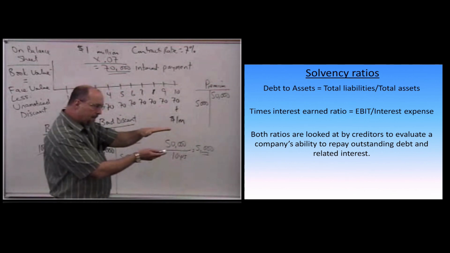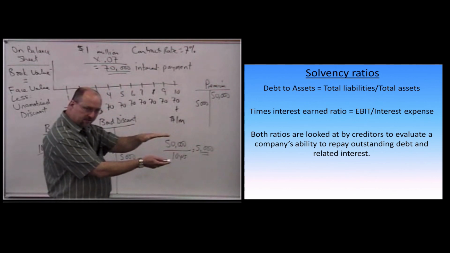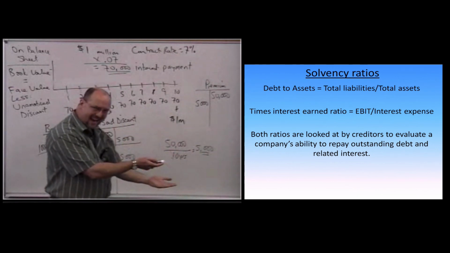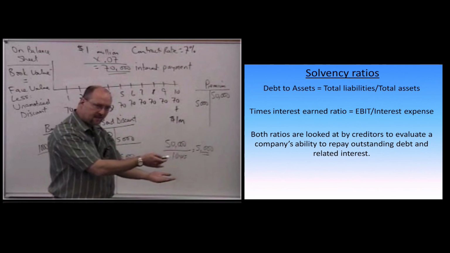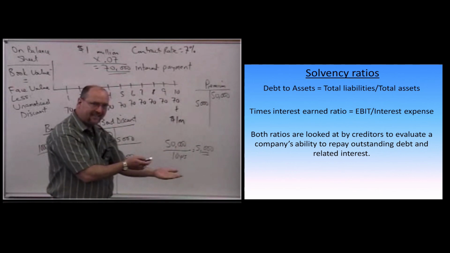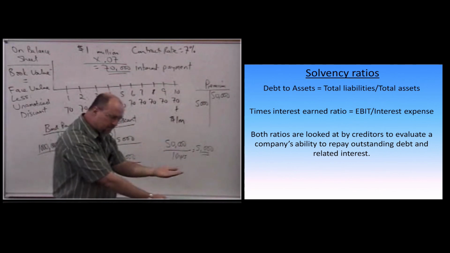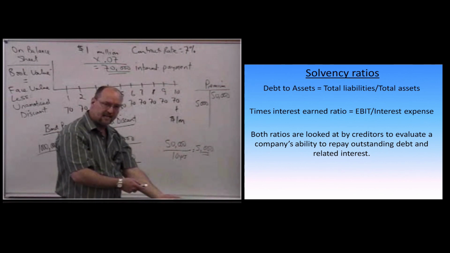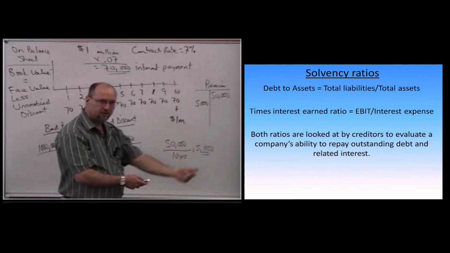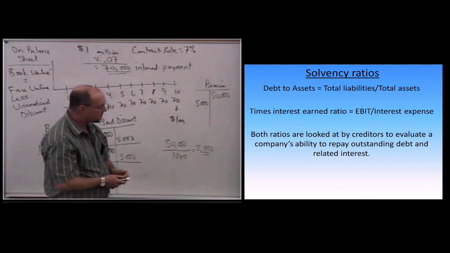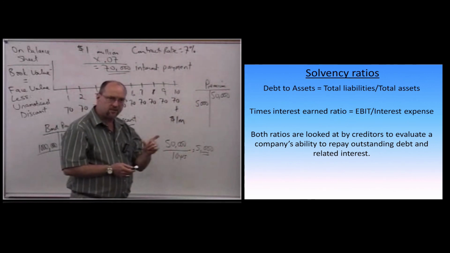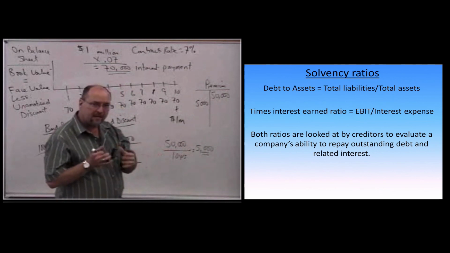Operating income minus interest expense equals taxable income, or earnings before tax expense, and then taxable income, or EBT, minus my tax expense gives me net income.